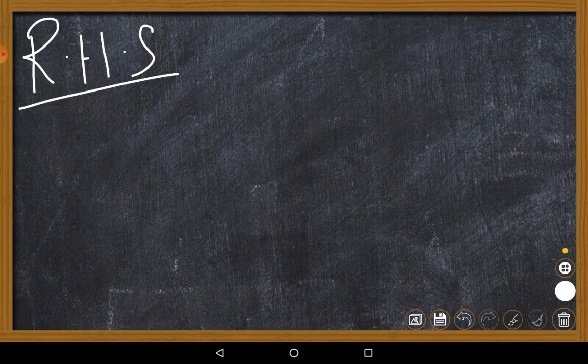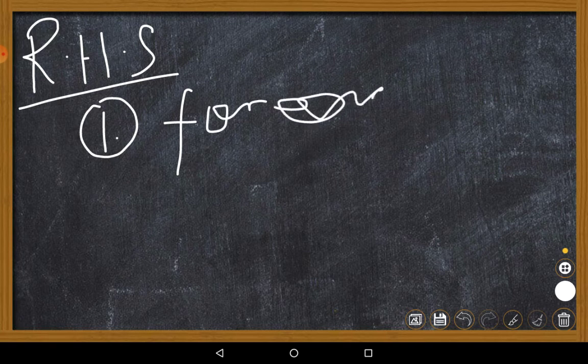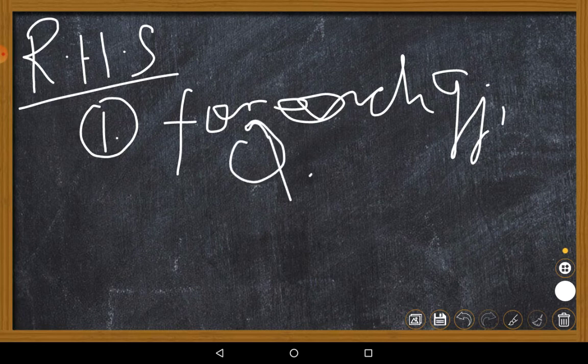Now for our RHS, right hand side, the first step is for each generalized coordinate q_j, find the corresponding capital Q_j, if any, that goes with it. This is the source of all non-conservative forces.